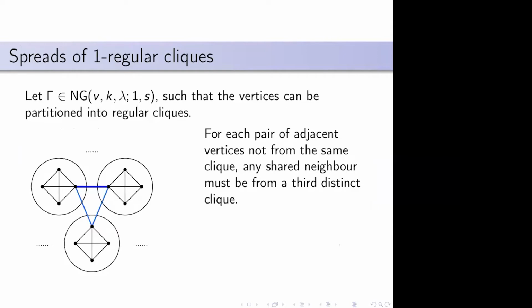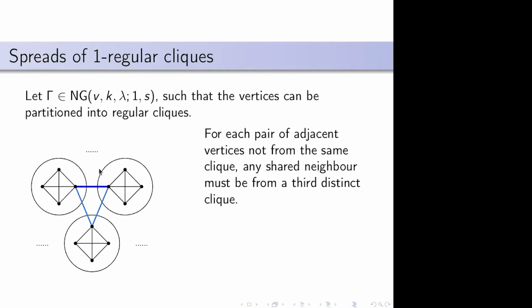So if we take such a graph, a Neumaier graph, which can be partitioned into one regular cliques, and then we consider an edge which is not in any of these cliques, then the common neighbors of the ends of this edge cannot lie in either of the cliques from which the vertices of that edge come from. That's a bit odd, but in this picture here, you can see.